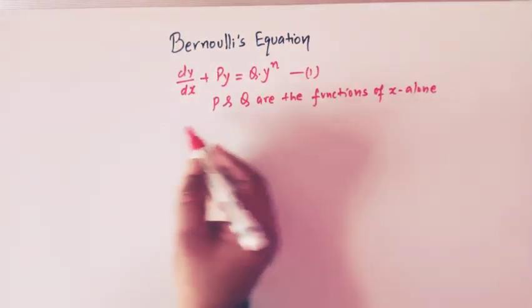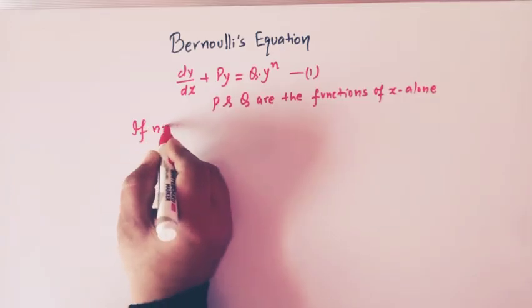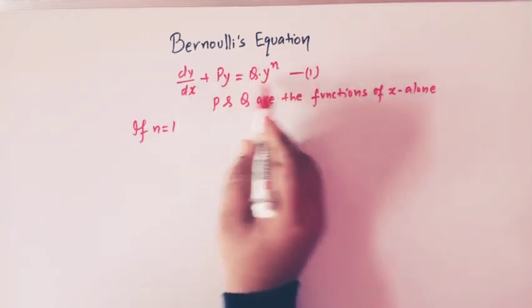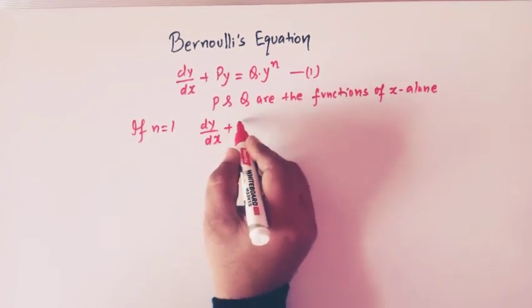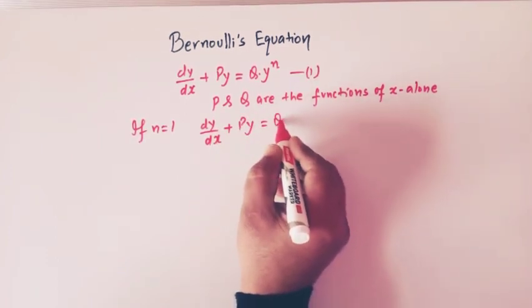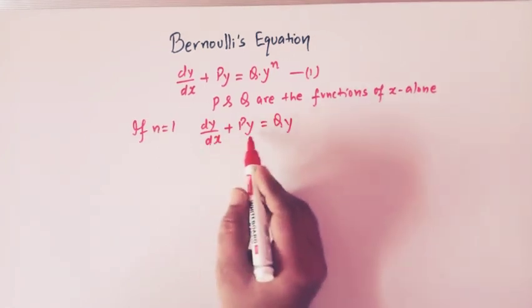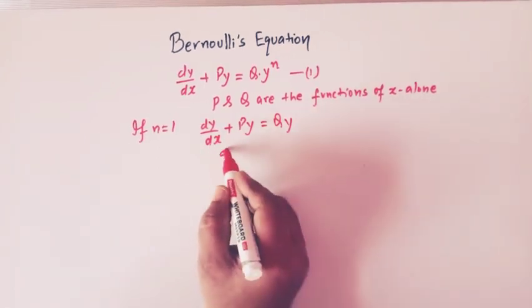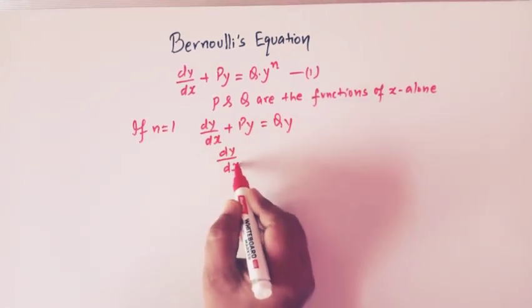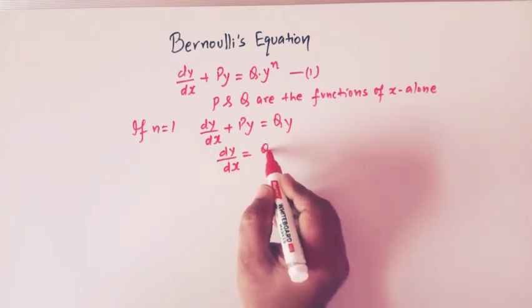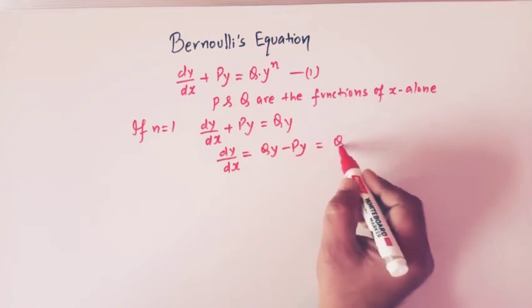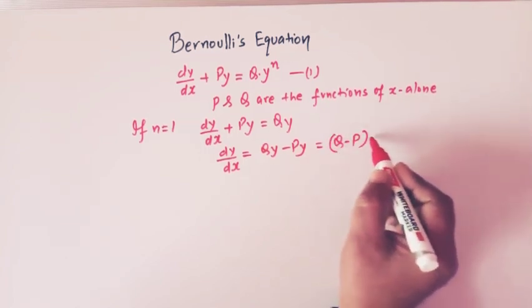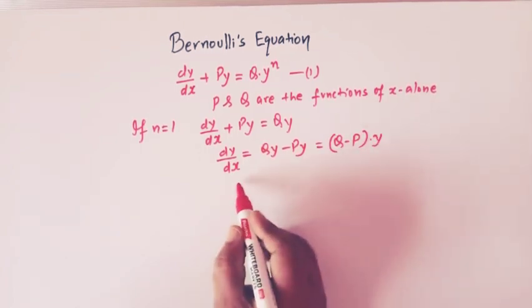Now if n is equal to 1, then this equation becomes dy/dx + py = qy, and if we further solve it, we see that it becomes dy/dx = qy - py, which we can write as (q - p) y.